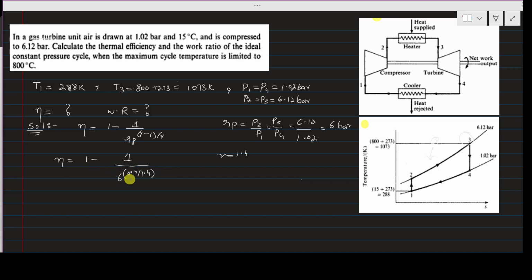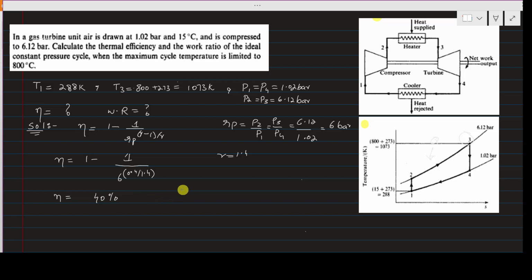After doing the calculations, let me do the calculations. Using the calculator, I think you are already familiar with that, you will get its efficiency, that is 40%.